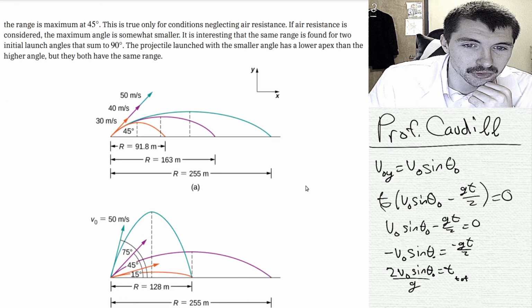Okay, so we have a visual here. 30 meters, 40 meters, 50 meters. I think this is the initial velocity.